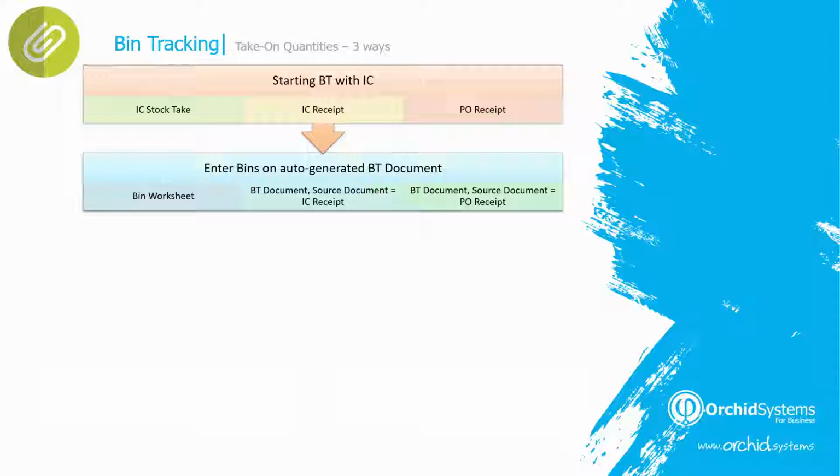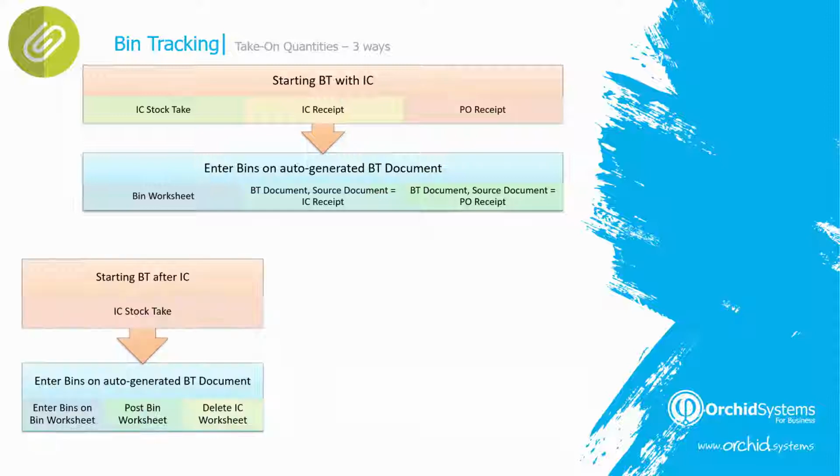But in my case, IC has already been started, so we need to take on bin tracking after IC, in which case we could do an IC stocktake and then enter the quantities per bin on the bin tracking worksheet, post the bin tracking worksheet, which will create the bin transfer document to reflect the quantities per bin, and then delete the IC worksheet.